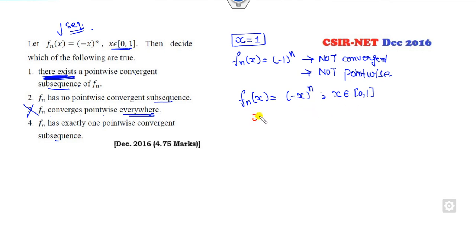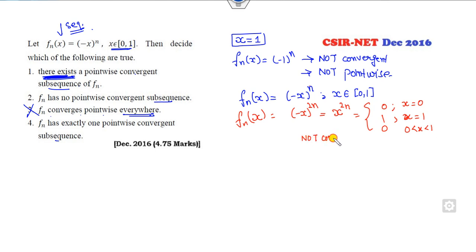If I choose the subsequence, instead of n, I can choose 2n, that is the even terms. So this is x raised to power 2n. What is the limit of this? If x is equal to 0, the answer will be 0. If x is 1, it is 1, and if x lies between 0 and 1, it is 0. Is it a continuous function? It is not continuous.